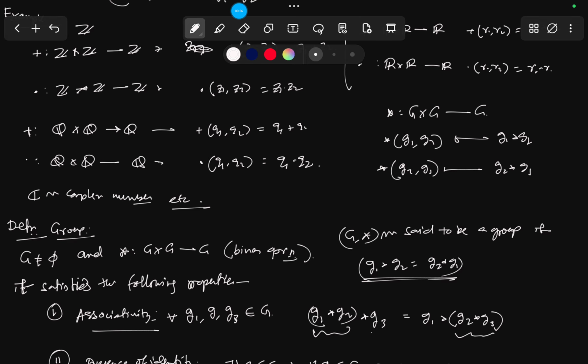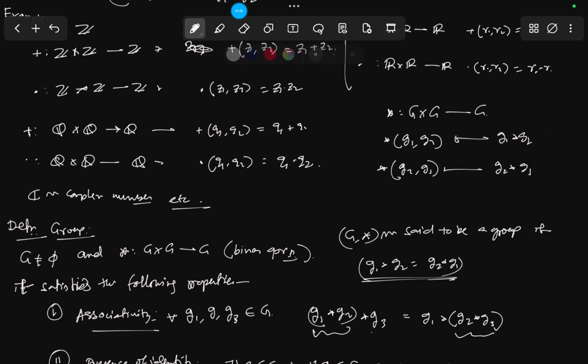Since these two tuples, (g1, g2) and (g2, g1), may be different, their images in G may also be different. So in general we don't have the flexibility that g1 star g2 is the same as g2 star g1.